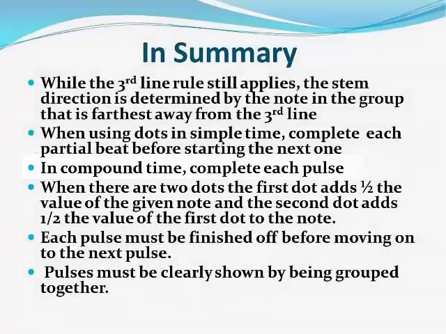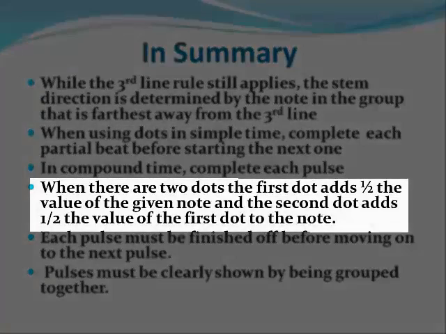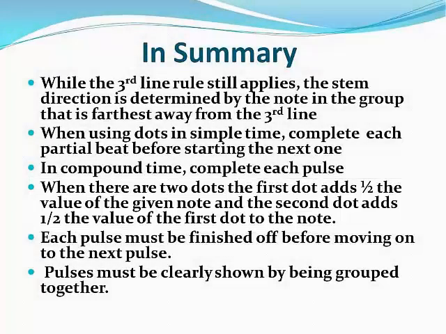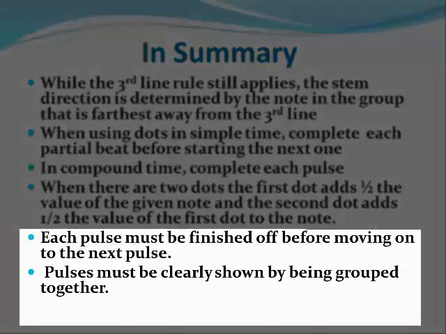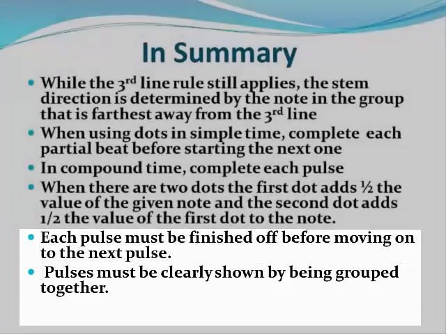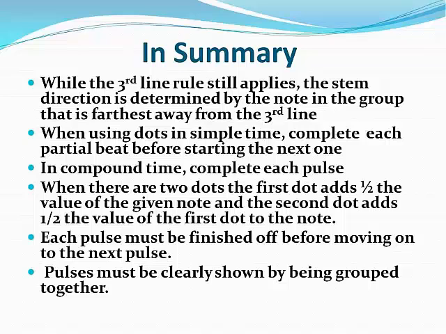When there are 2 dots after a note, the first dot is going to add half of the value of the given note, and the second dot will add half of the value of the first dot. Remember that each pulse must be finished off before moving on to the next pulse, and your pulses must be clearly shown by being grouped together.